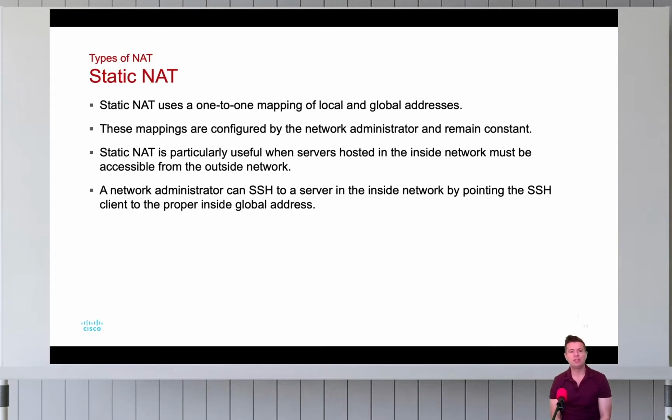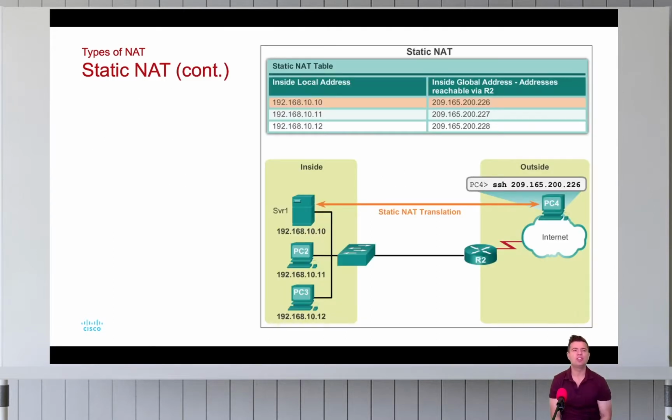Now, a network administrator can SSH to a server in the inside network by pointing the SSH client to the inside global address. So this is just an example. If you take a look at what we call the NAT table, the NAT table is basically just a list of translations, or mappings, that have been done by NAT.